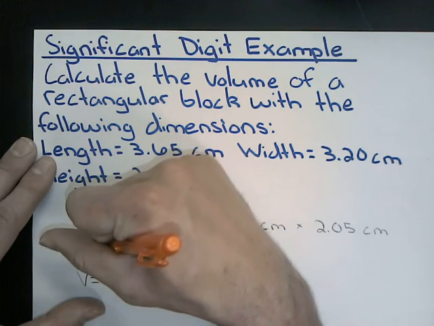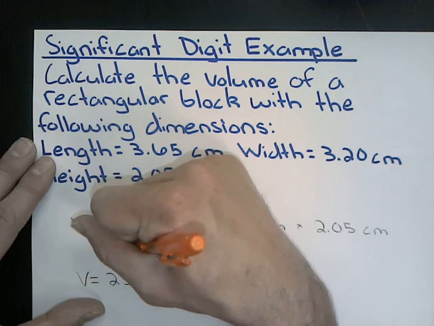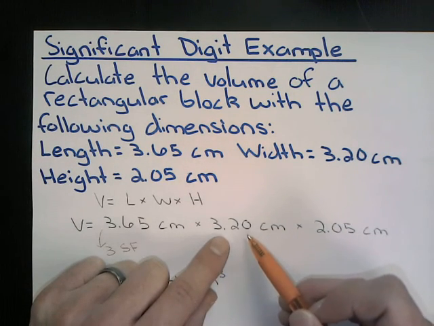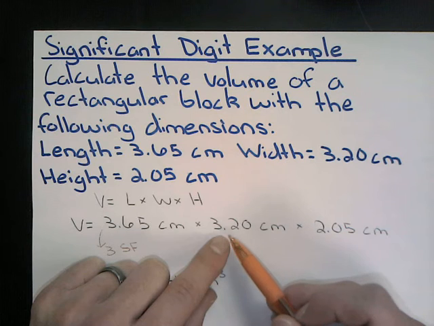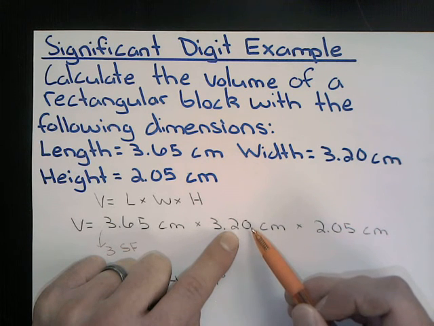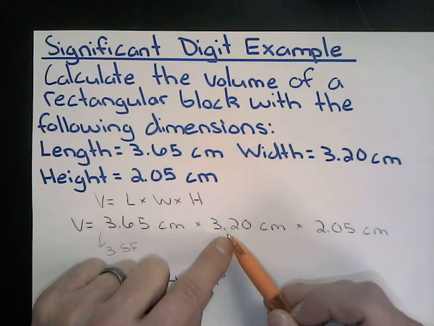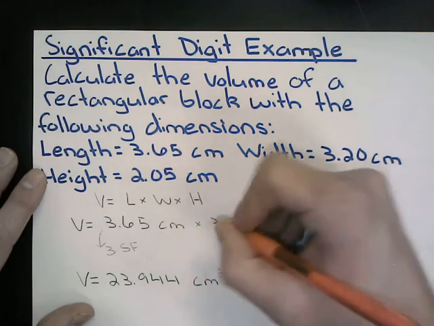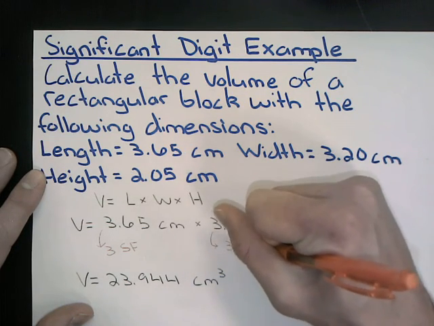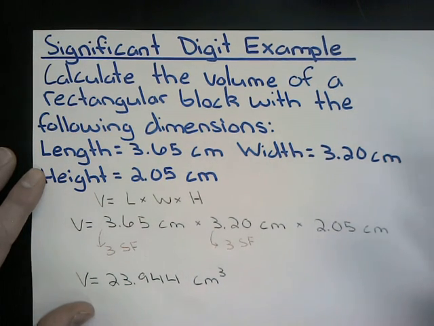I'm going to abbreviate that as SF, so 3 significant figures. Over here, we have 1, 2, and the question becomes, do we count the 0? Yes, we count the 0 because it is after a decimal and you've had a non-zero number. So this one also has 3 significant figures.